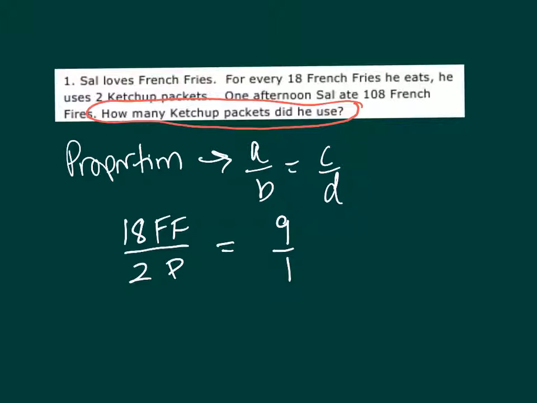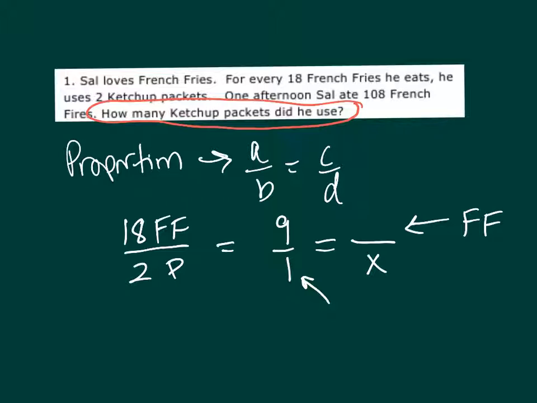You've got to look and say which one of these numbers is representing the ketchup packets. That is the denominator, the one on the bottom. So this is the ketchup packets, and that's the thing we don't know, so we're going to call that X. And the numerator is the French fries.